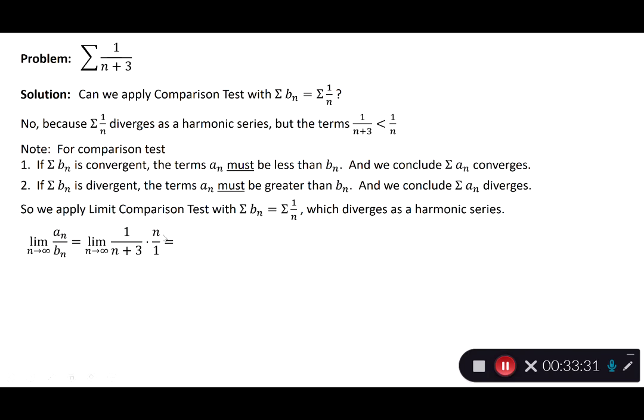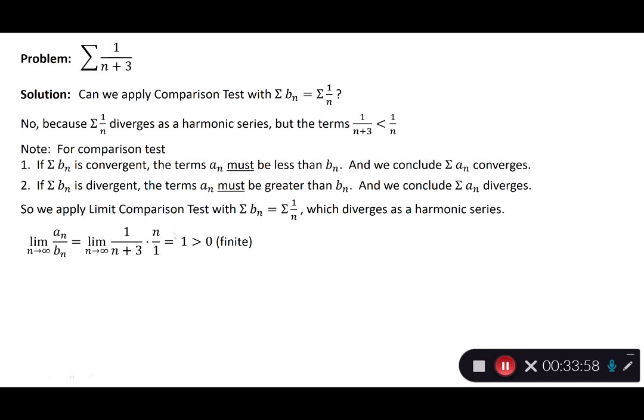What is that equal to? Well, would you agree that we have a polynomial over a polynomial, same degree, first degree polynomial on top, first degree polynomial in the bottom. So the ratio of leading coefficients: the coefficient of n is 1, and the coefficient of n in the bottom is also 1. So this is just 1. And 1 happens to be greater than 0 and is also finite.